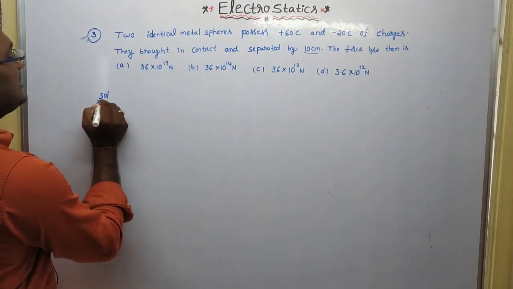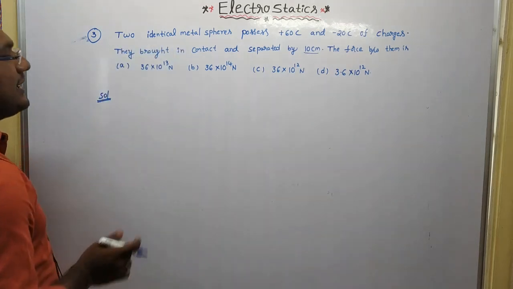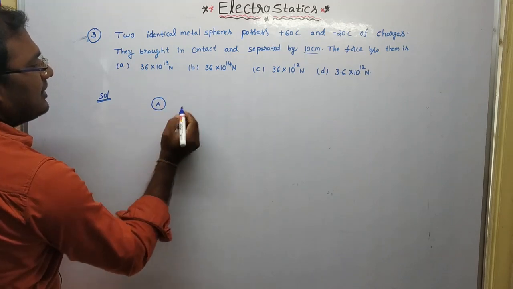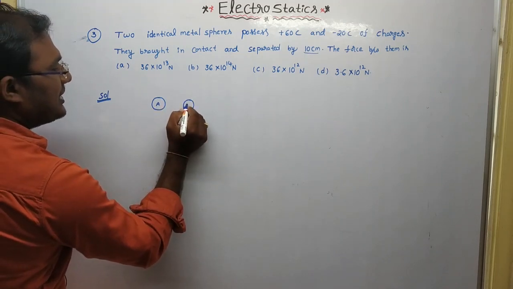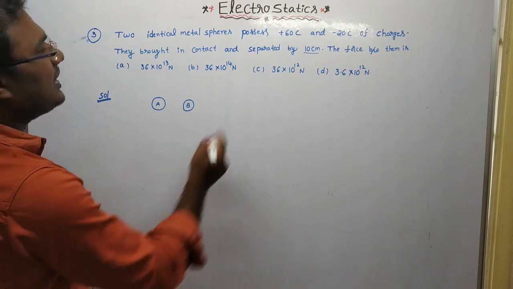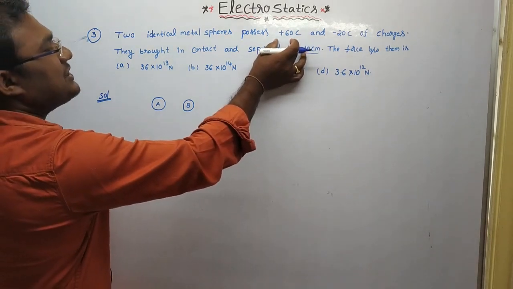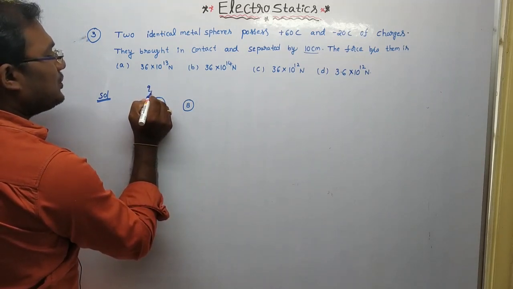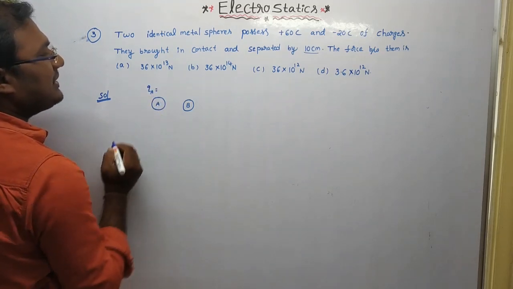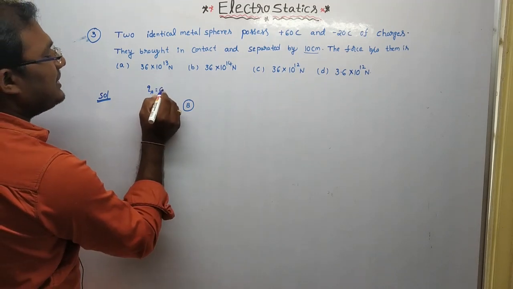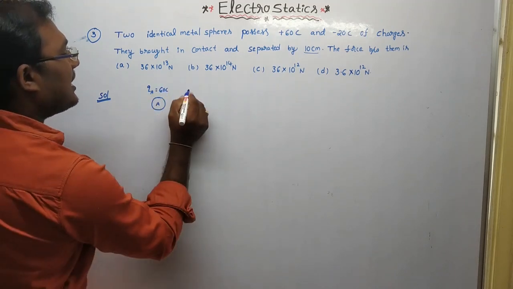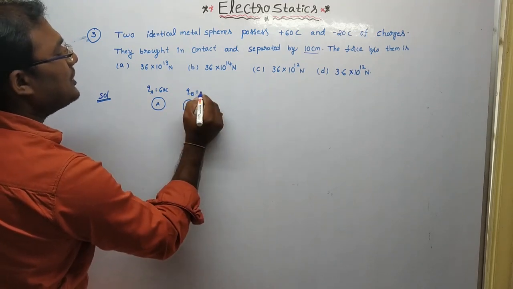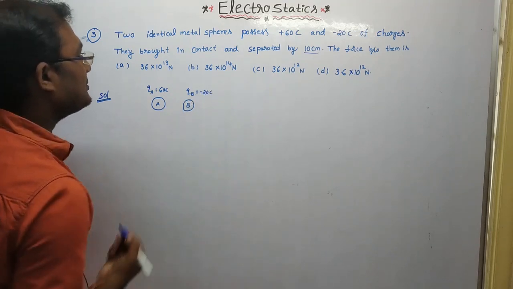The problem is, two identical metal spheres, sphere A and sphere B, have charges plus 60 coulombs and minus 20 coulombs. Let QA, the charge of sphere A, be 60 coulombs, and the charge of sphere B, QB, equal minus 20 coulombs.